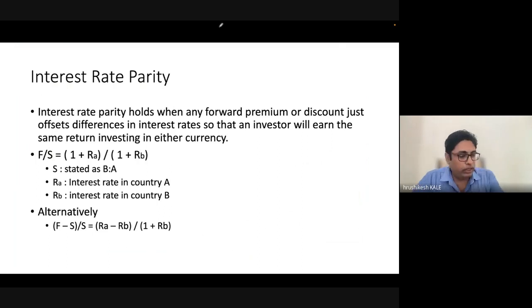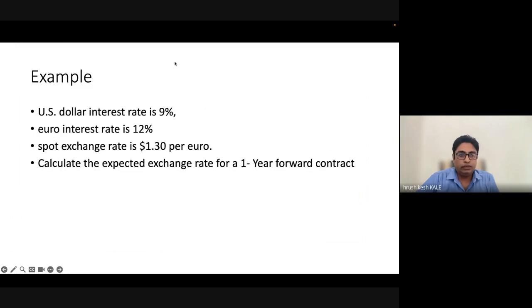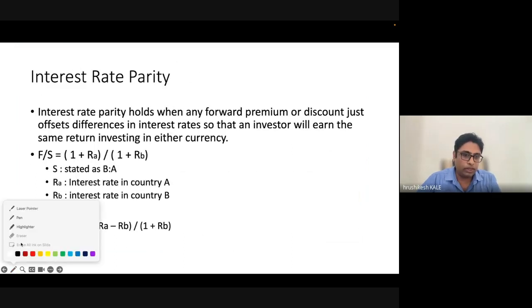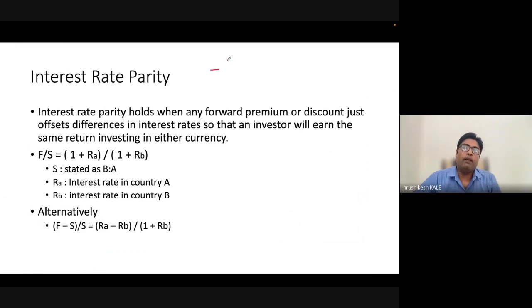how do we calculate the forward rate, or how will we decide that this is the right forward rate and this is not the right forward rate? Now, the basis of forward rate calculation is interest rate parity, which says that the exchange rate of any two countries, let it be USD, AUD or any two countries, is dependent on their interest rate.